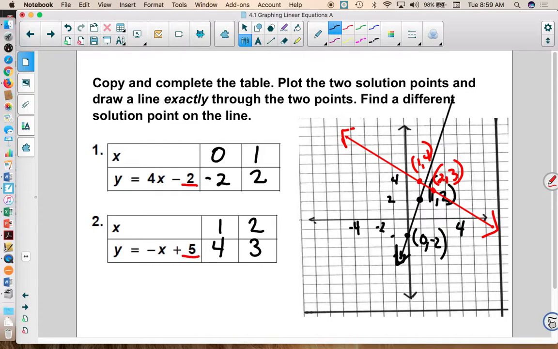Did it give us those points in our equation? It did. Because there's a standard equation that says y equals mx plus b. The b is this 5 right there. That is your y-intercept.